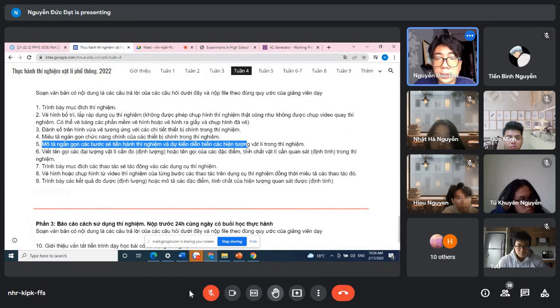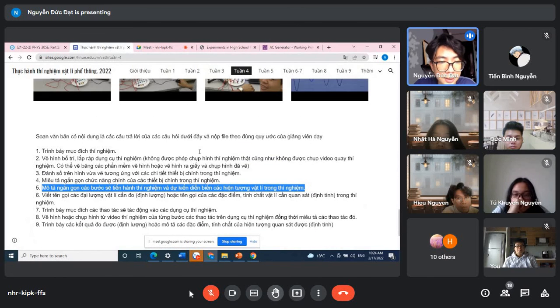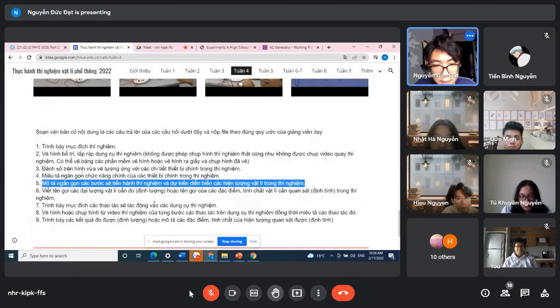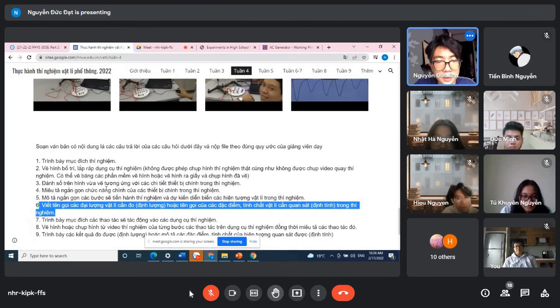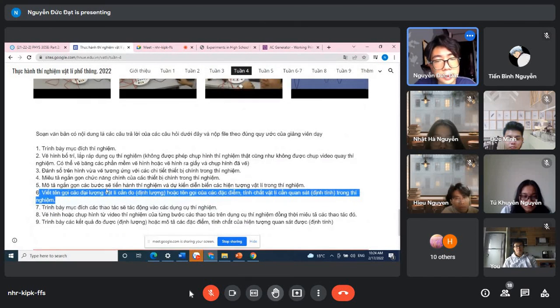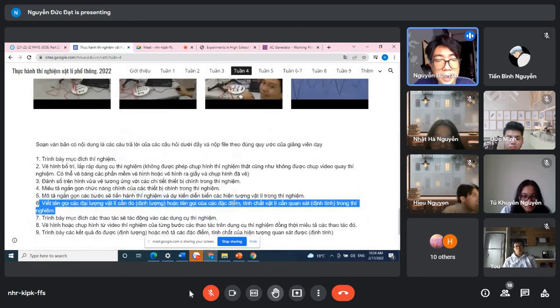and we watch the second video to finish the fifth task here, to describe the procedures. Okay. So in this situation, if we just do the experiment qualitatively, we don't need to state the quantity or the measurement.